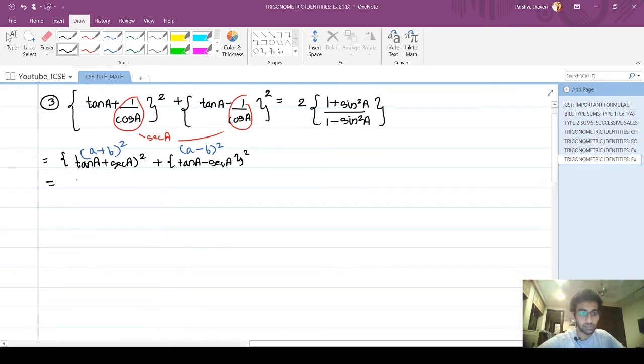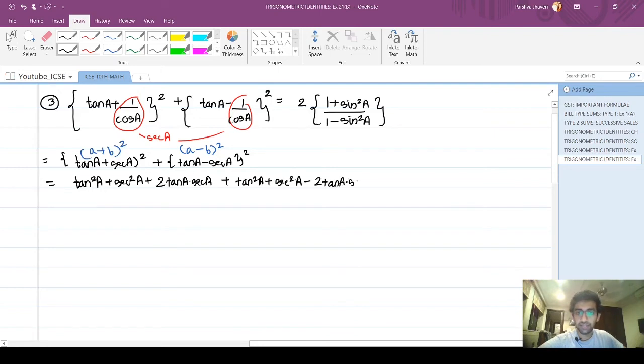So A plus B whole square is nothing but A square plus B square plus 2AB, plus A square plus B square minus 2AB.